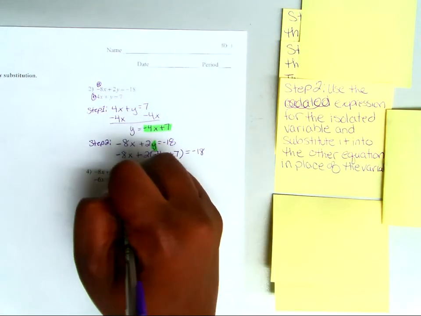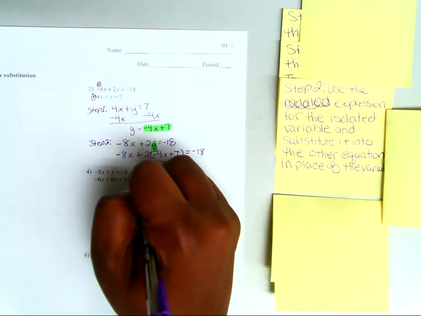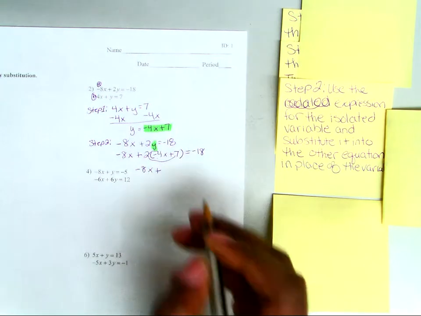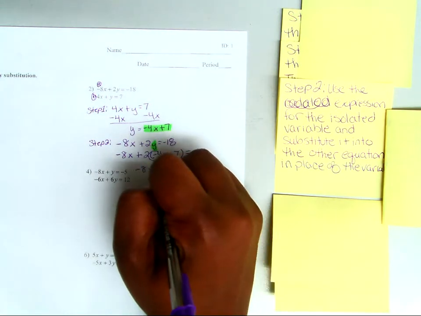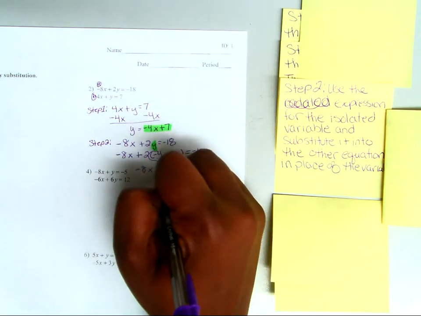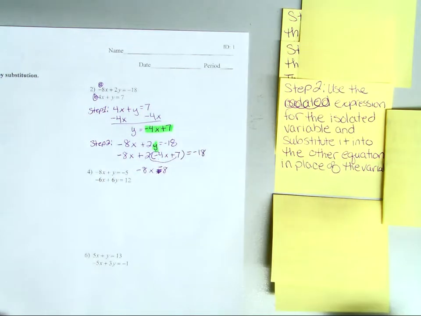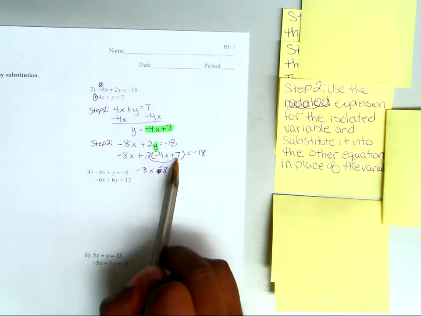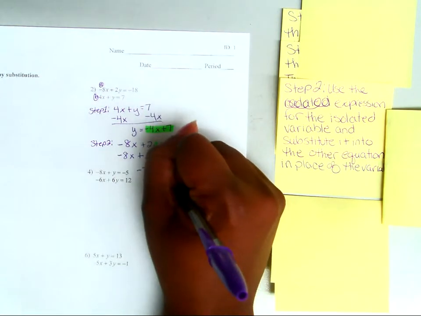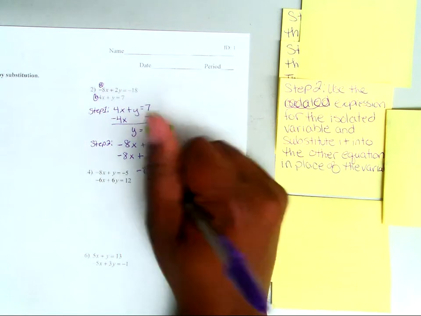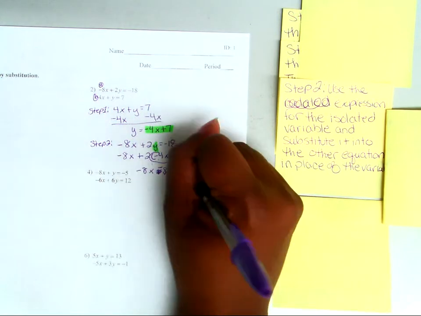All right, so now it is negative 8x plus positive 2 times negative 4x, which is negative 8x. I'm erasing my plus. Positive 2 times a positive 7 is a positive 14, equals negative 18.